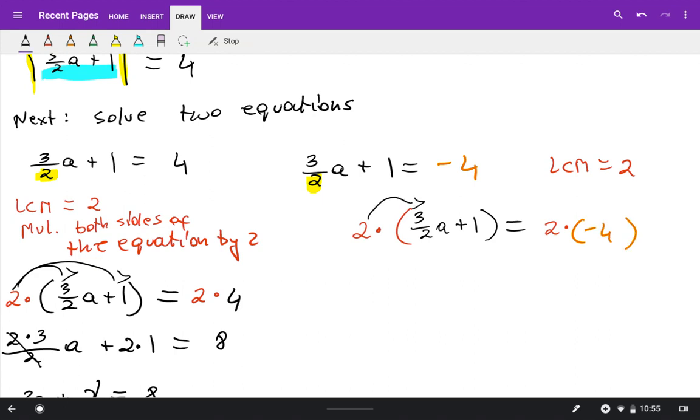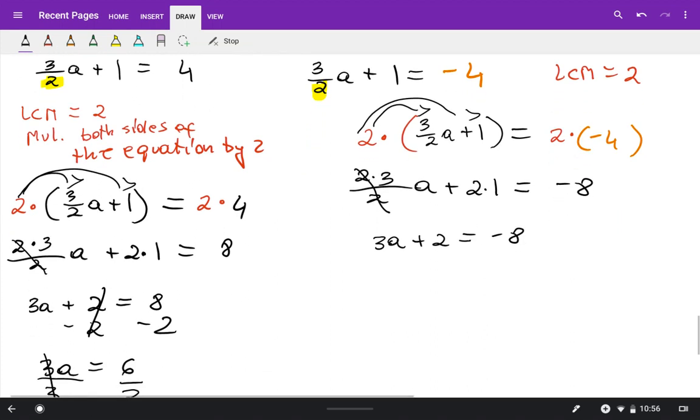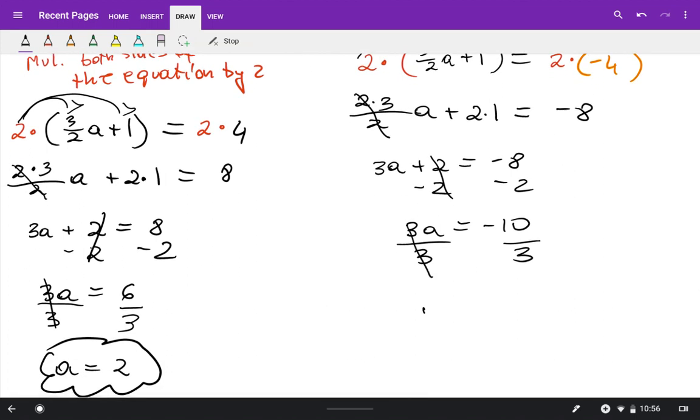Now I'm going to distribute 2 to both. So I have 2 times 3 over 2a plus 2 times 1 equal negative 8. The 2 cancels, we end up with 3a plus 2 equal negative 8. Subtract 2 from both sides, and we have 3a equal negative 10, and just divide each by 3. A equal negative 10 over 3.